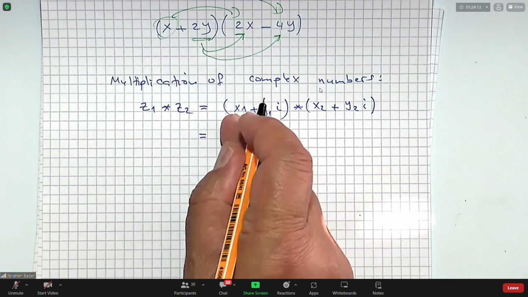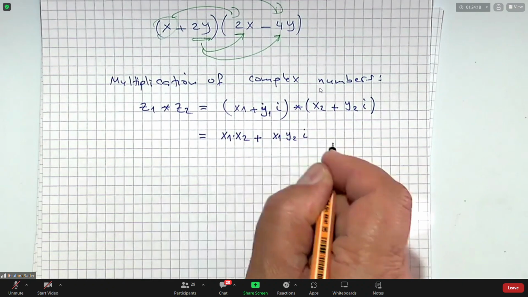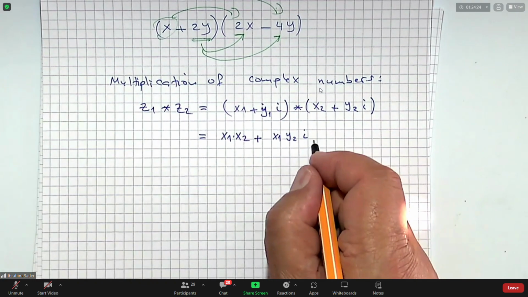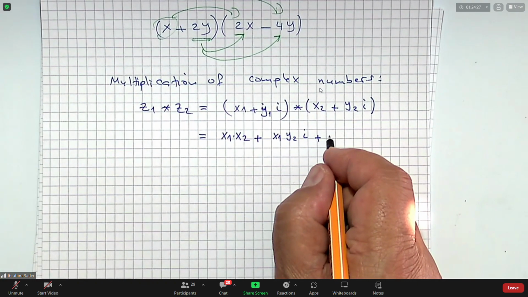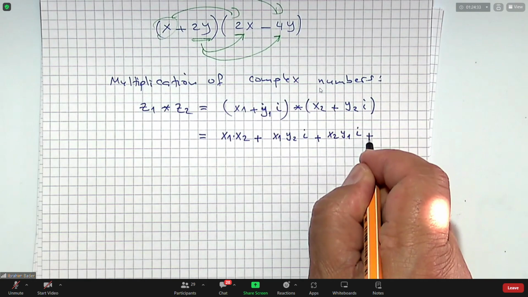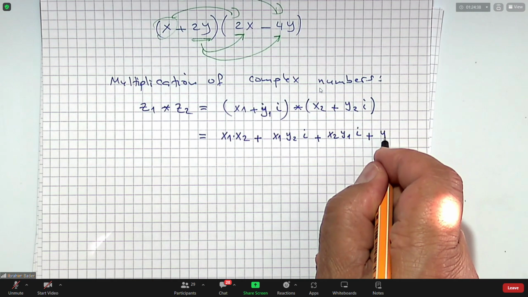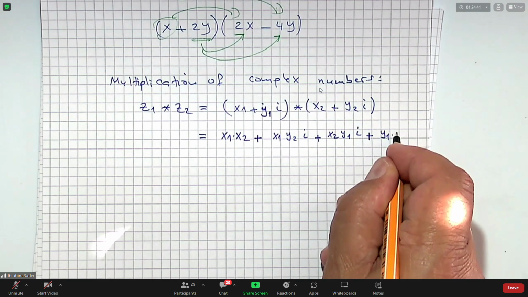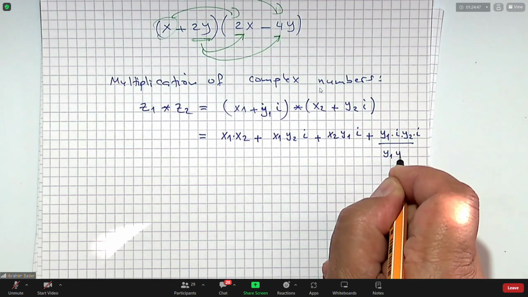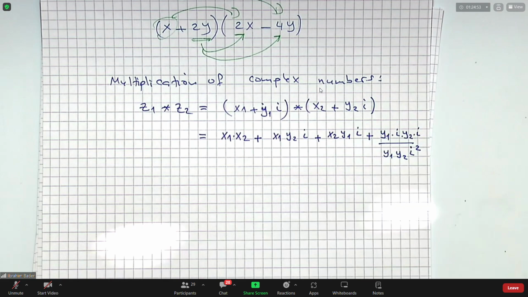Plus x1 times y2i. Now we come to y1i, multiply it with x2, I can just write it x2 y1i, plus, what is the last term? y1i times y2i. And this is equal to y1 y2 i squared, right? Granted?